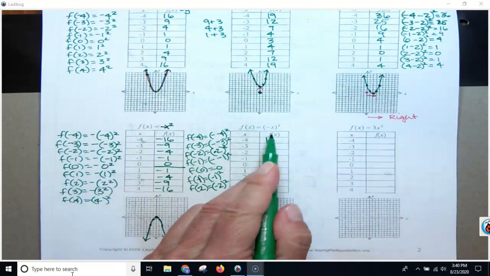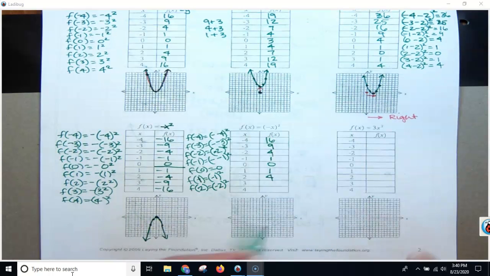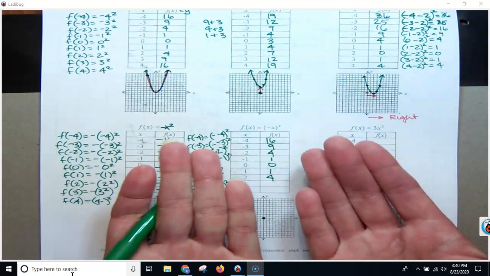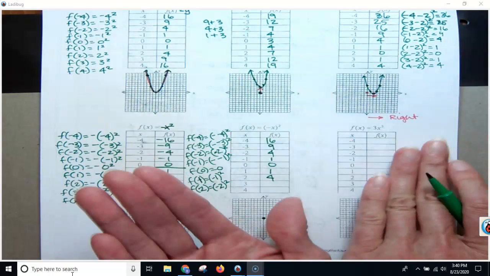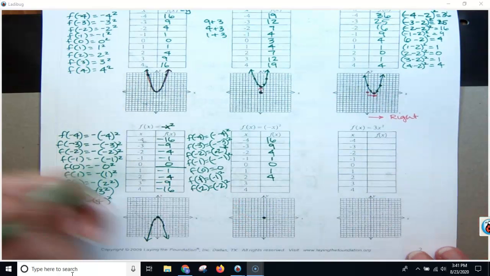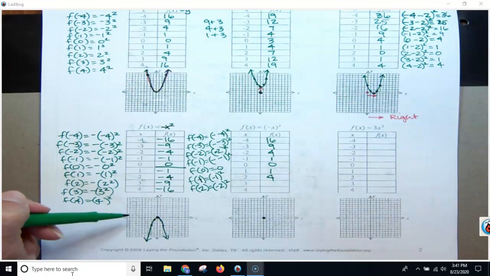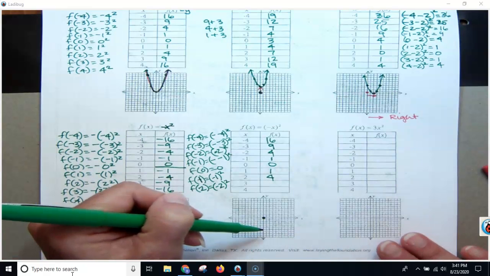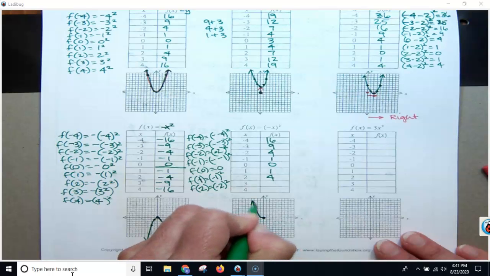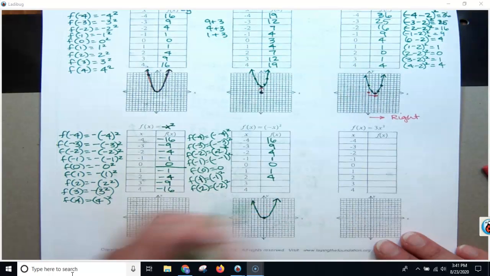Now the reason why this negative doesn't change it is that when we are graphing it, it actually flipped it going this way. So it flipped it over the y-axis. This negative flipped it over the x-axis. This flipped it over the y-axis. So you aren't able to really see the difference.